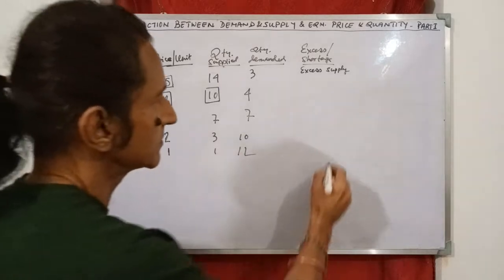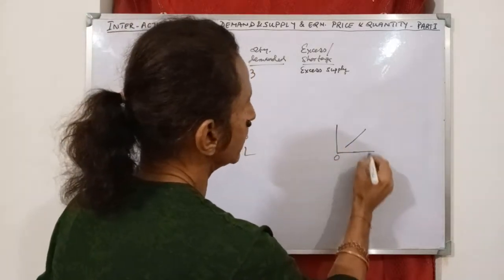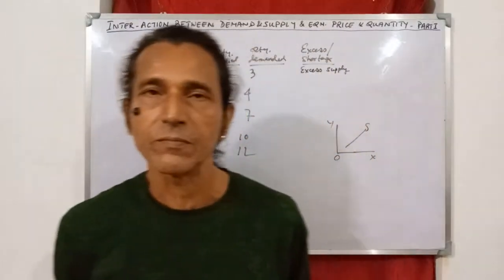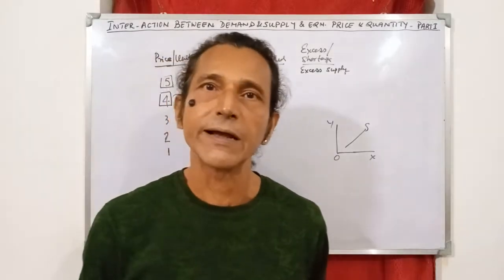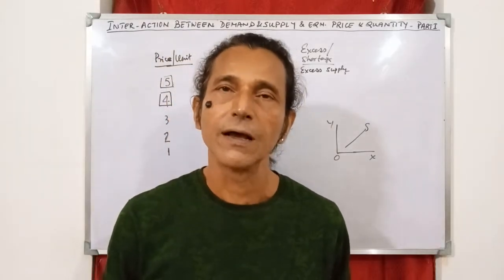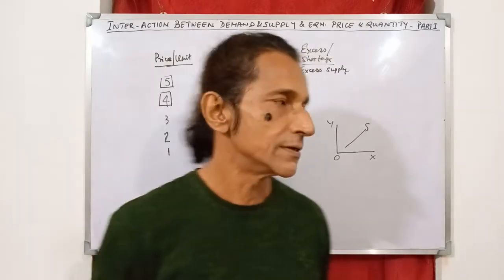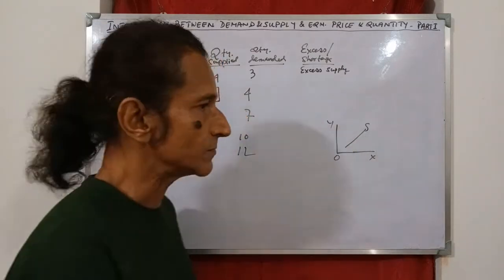As we know, the supply curve is upward sloping, and the law of supply states that other things remaining same, when price of a commodity increases, quantity supplied also increases, and if price of that commodity falls, quantity supplied falls. This is the law of supply. That is why the supply curve is upward sloping.